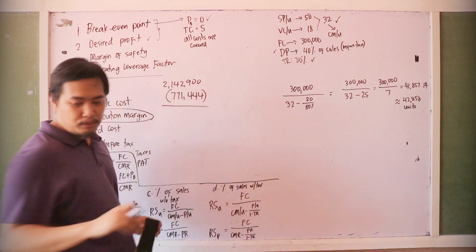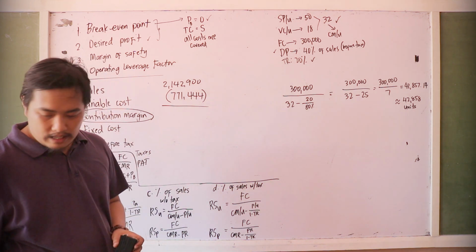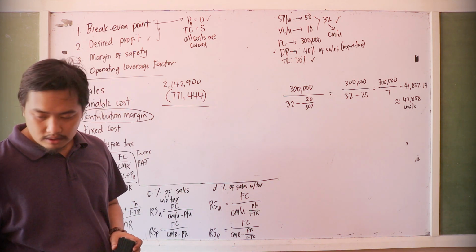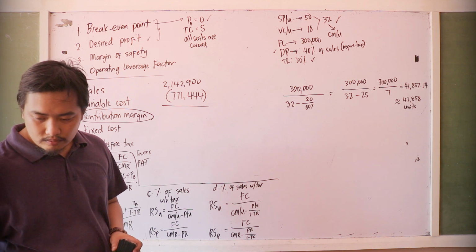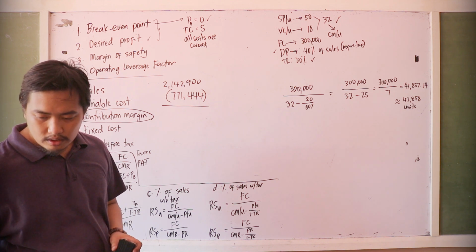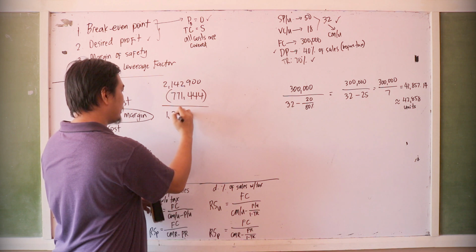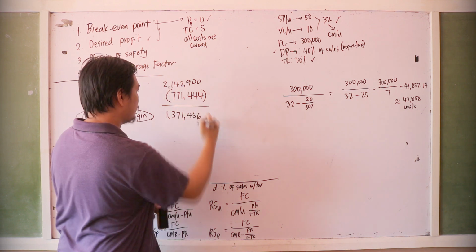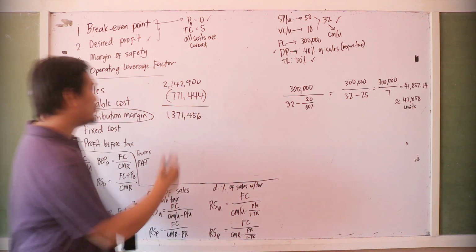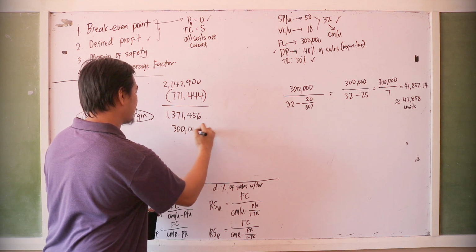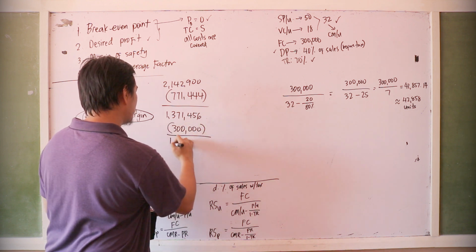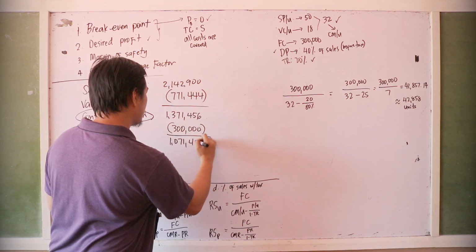Makukuha natin yung contribution margin na 1,371,456 minus yung fixed cost natin ng 300,000. Profit before tax natin yung 1,071,456.